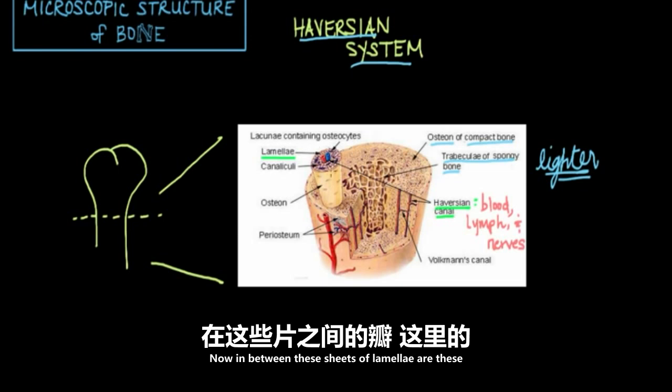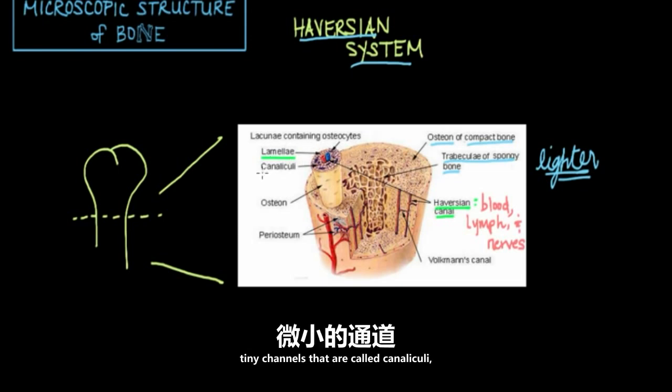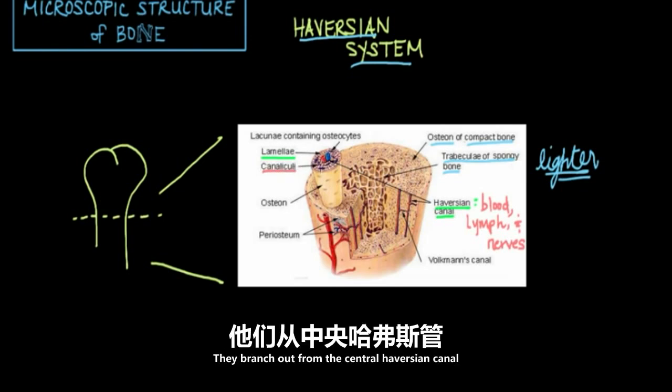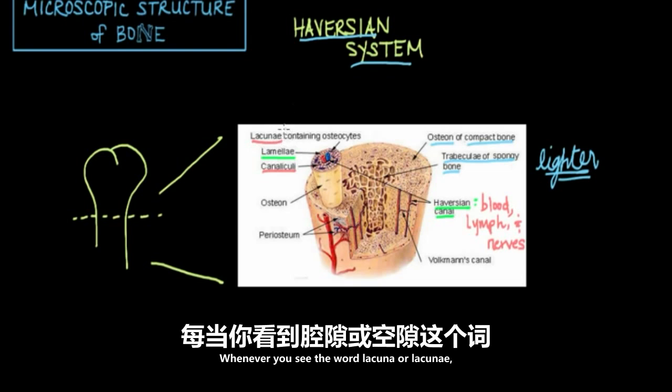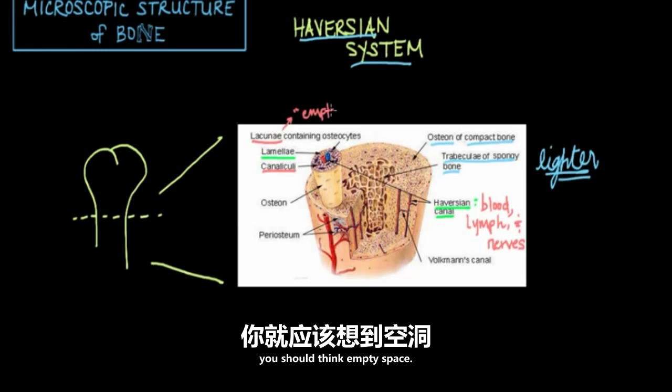Now, in between these sheets of lamellae are these tiny channels that are called canaliculi, which you can kind of see here. They branch out from the central Haversian canal to these empty spaces that are called lacunae. And whenever you see the word lacuna or lacunae, you should think empty space.